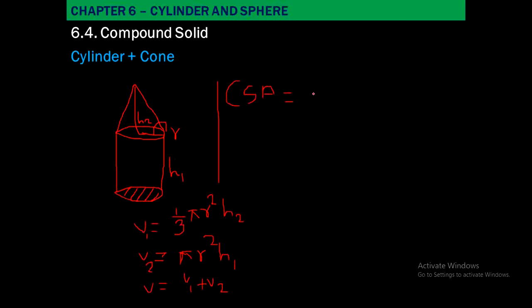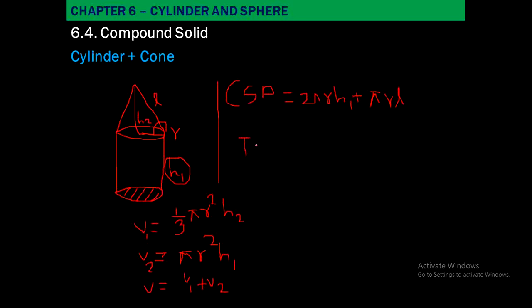CSA of cylinder equals 2 pi r times S1, because S1 is the height of the cylinder, plus CSA of cone, that is pi r L. L means slant height. This is L.